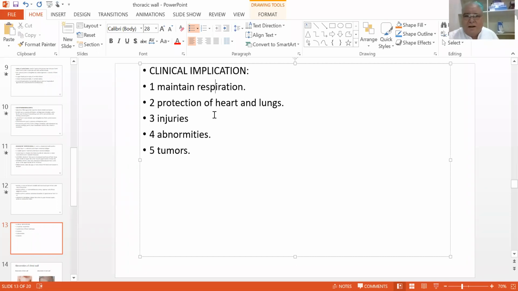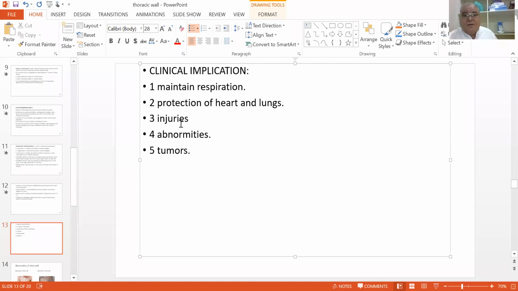So clinical implication: the chest wall is mainly responsible for the respiration, and it increases the cavity anteroposteriorly and longitudinally. Second, it is a bony cover over the viscera of the heart and the lungs, so it provides protection. The third is the injuries.